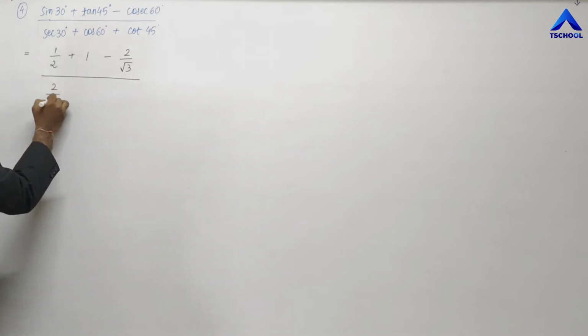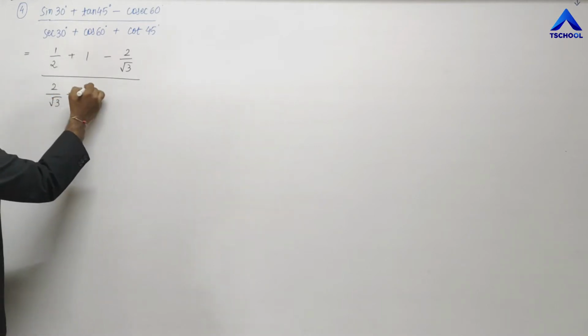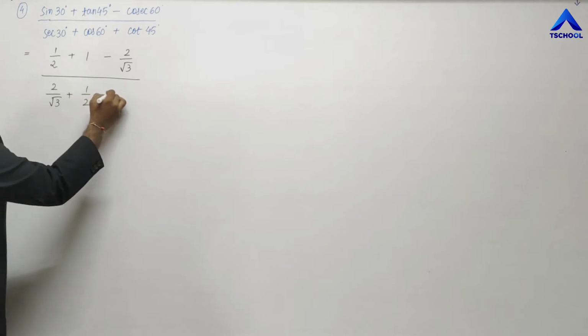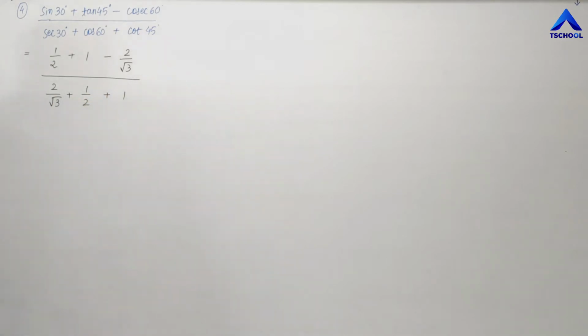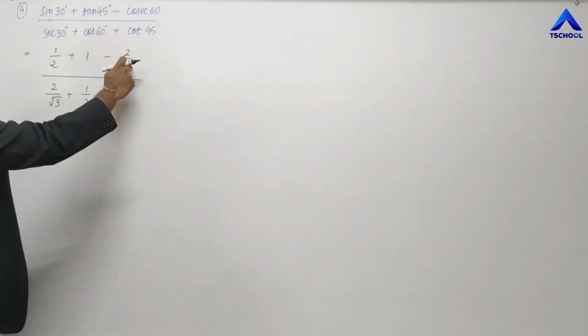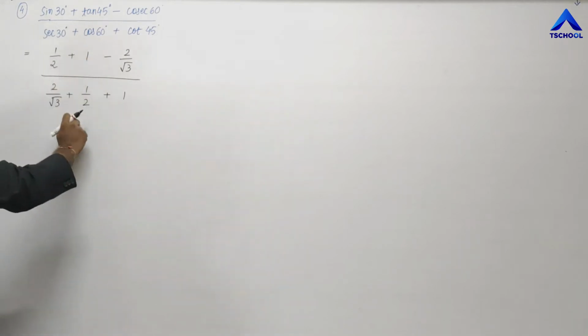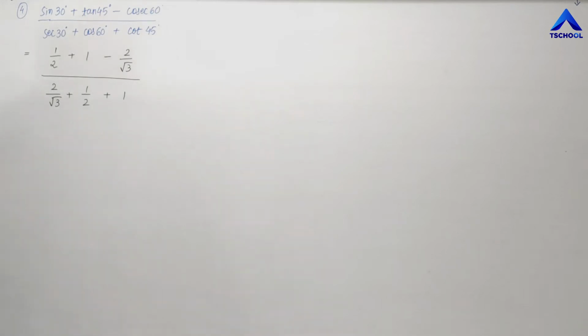That is again 2 by root 3 plus cos 60, that is 1 upon 2, plus 1. Right? So we get all these values. Sin 30 is 1 by 2, tan 45 is 1, cosec 60 is 2 by root 3. Sec 30 is again 2 by root 3, cos 60 is 1 by 2 and cot 45 is 1.